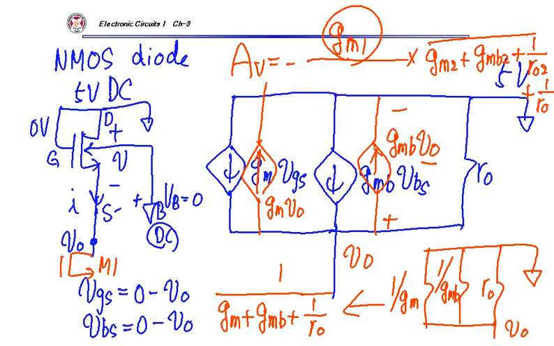Actually, 1 over RO1 is also there in parallel connection. So if I neglect all those things, this voltage gain is around... if I use the same transistor, voltage gain should be -1. Okay, around. Question?